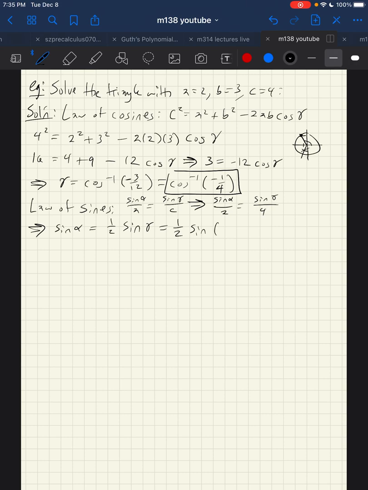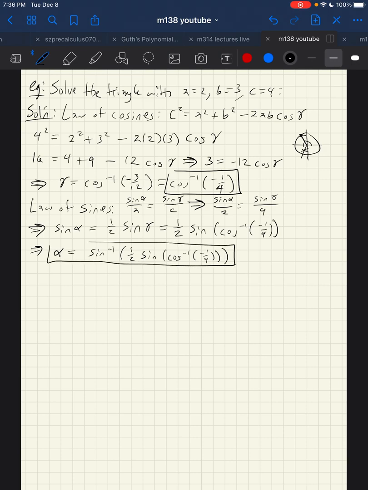So we'd have sine of cosine inverse of -1/4, and we could compute this, and it would be really fun. But I'm going to say that alpha is going to be sine inverse of this. So I have that alpha is sine inverse of 1/2 the sine of cosine inverse of -1/4.